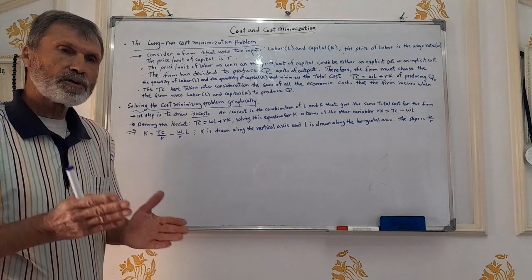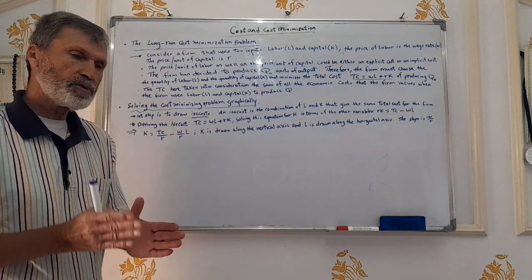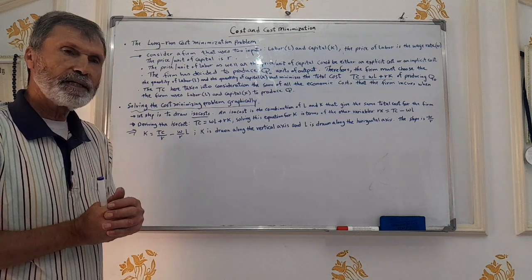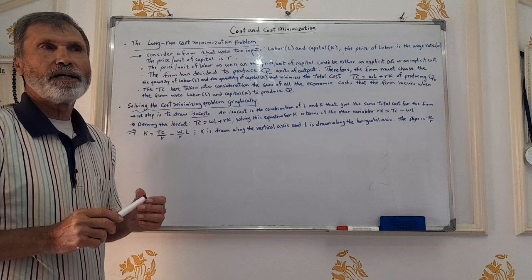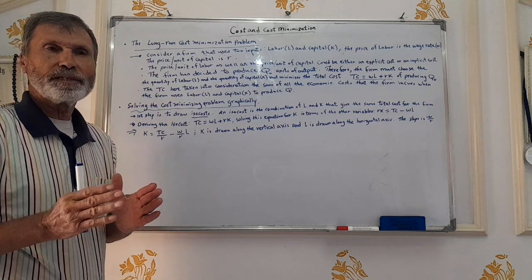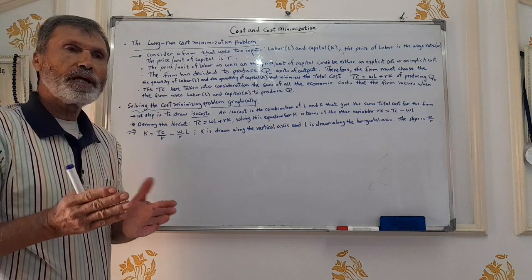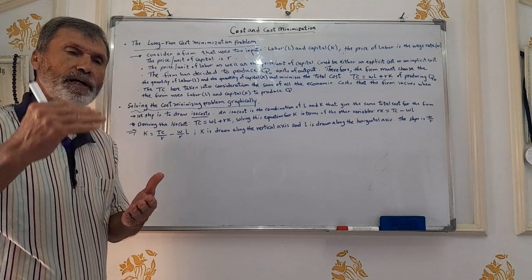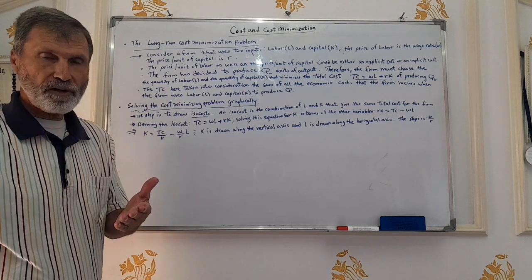So that is called implicit. When the firm uses its own labor to run its business, it gives up the opportunity to gain income by renting its labor to another firm.